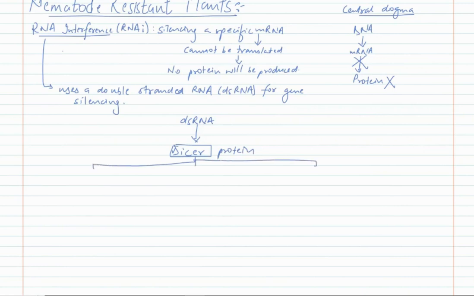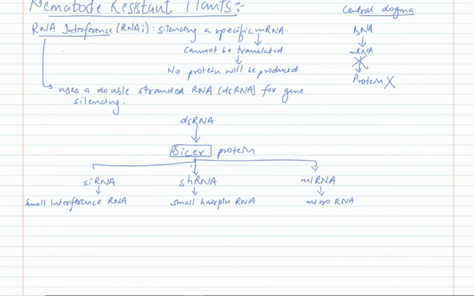First is known as siRNA, the other is known as shRNA, and the third one is known as miRNA. siRNA stands for small interference RNA, sh stands for small hairpin RNA, and mi stands for microRNA.